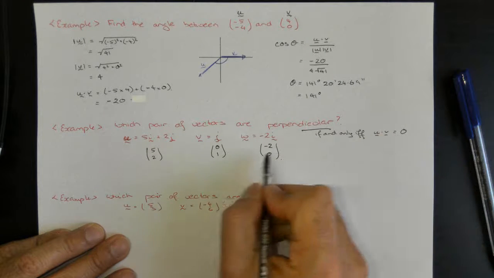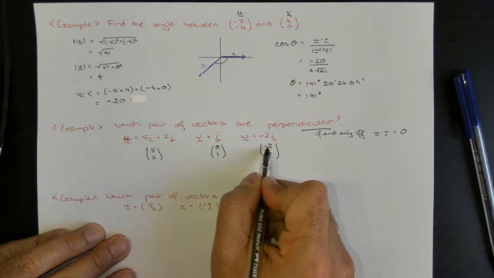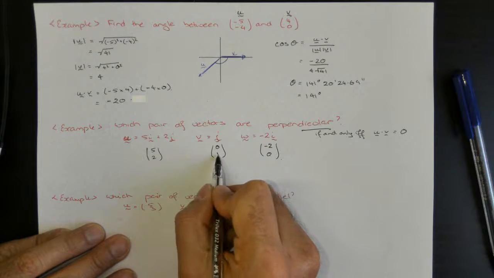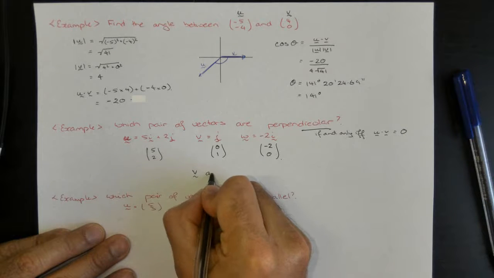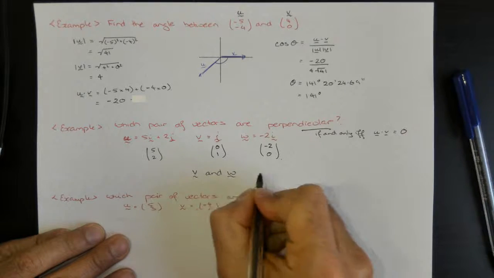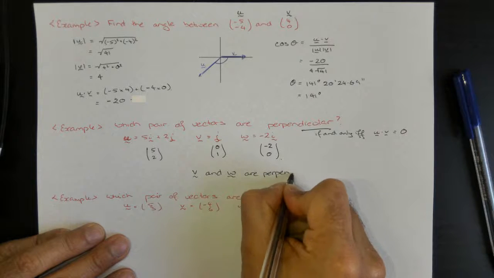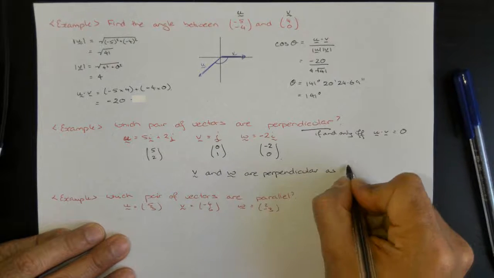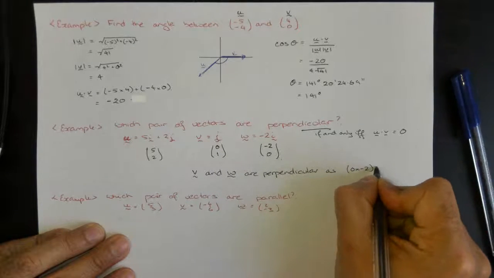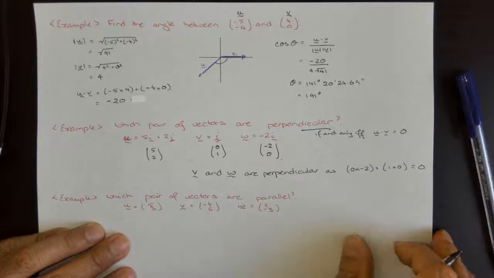The scalar product, well, it's actually going to be v dot w. If I multiply those together I get 0, and I add to this, I still get 0. So v and w are perpendicular, as 0 times negative 2 plus 1 times 0 is 0.